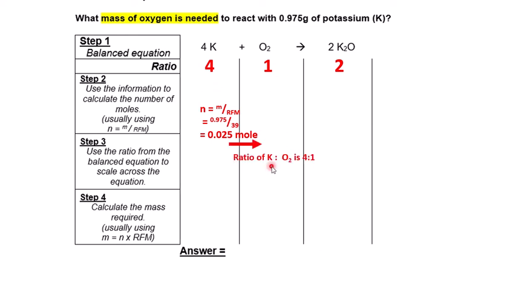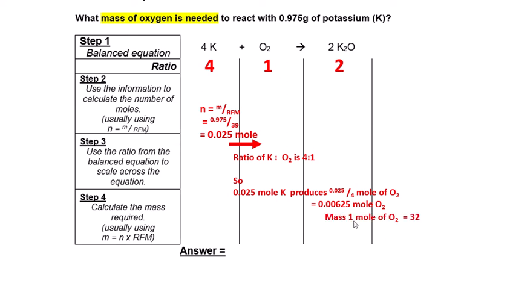For every 4 of those, we need 1. So to work out the amount of oxygen, 0.025 mole of potassium is going to be 0.025 divided by 4 moles of O2. 4 down to 1. And that is 0.00625 mole of O2.